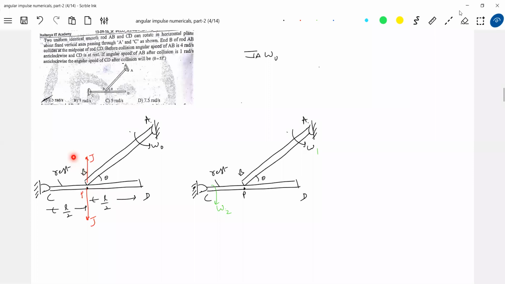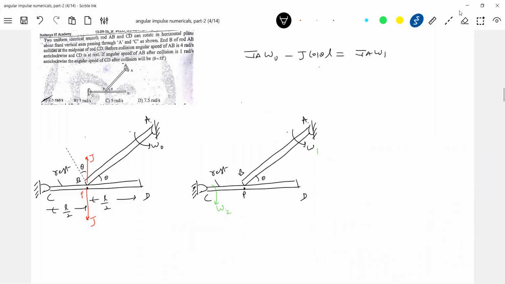So J cos theta will act here. The angular impulse is opposite to that, so minus J cos theta into L is equal to I_A omega 1.